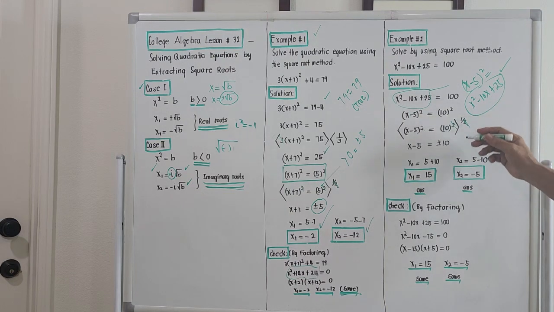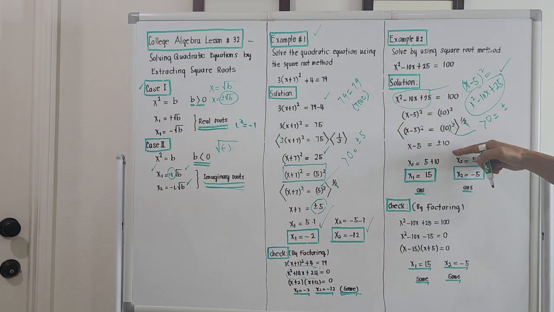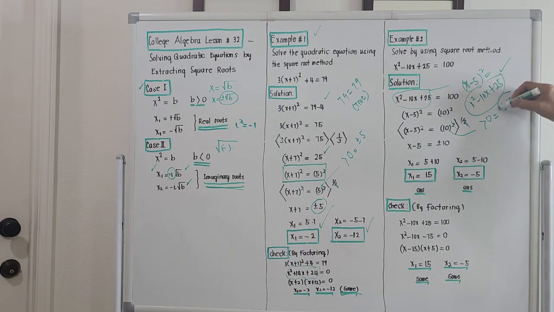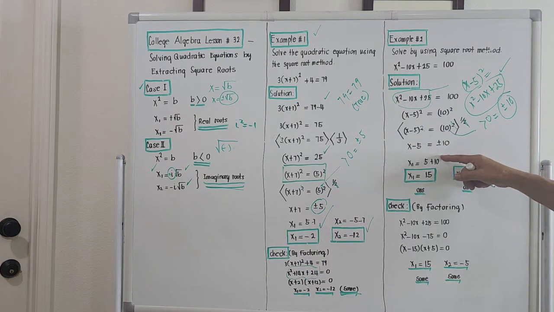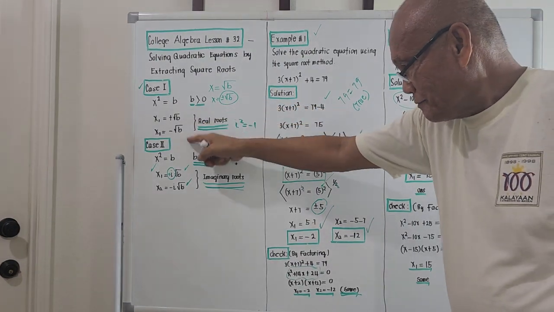But the value of the radical is actually greater than 0, so the value should be either plus or minus the square root, here the square root of 10 squared. So the right hand side should not be just plus 10, it should be plus or minus 10. There should be 2 roots, right?